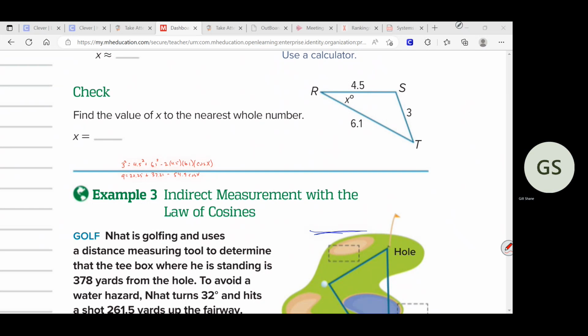Oh, there we go. There is your answer. So you can write that down for the check and see if you can come up with that.